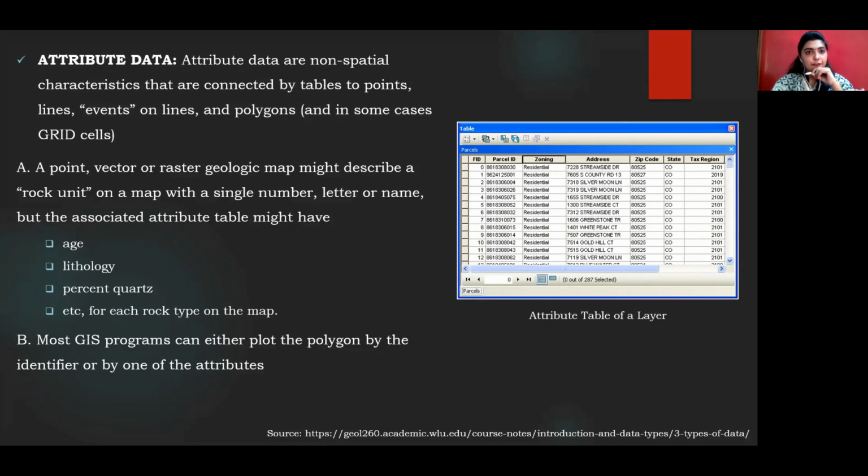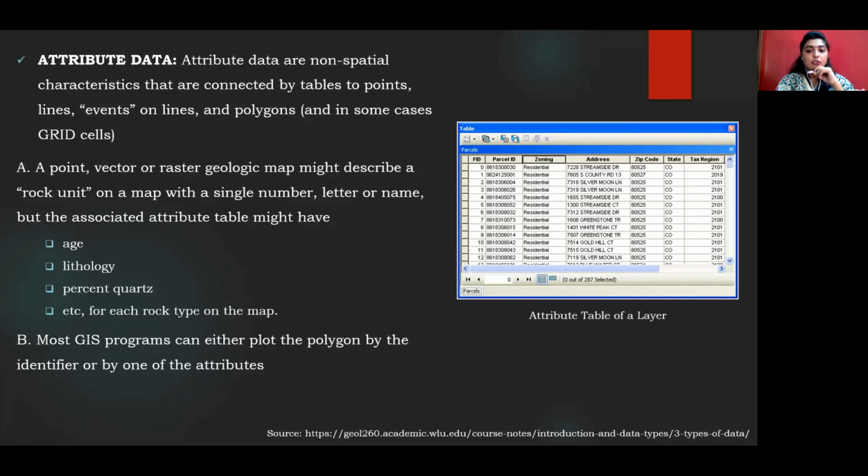With that, I have also said that the length of the road is say 10 kilometers, and the width of the road is say 2 kilometers, and the starting point and the ending point are given. And then the number of toll nakas that I have on the road is also given. So all that is there in the form of a table. This kind of table, we call it attribute data.